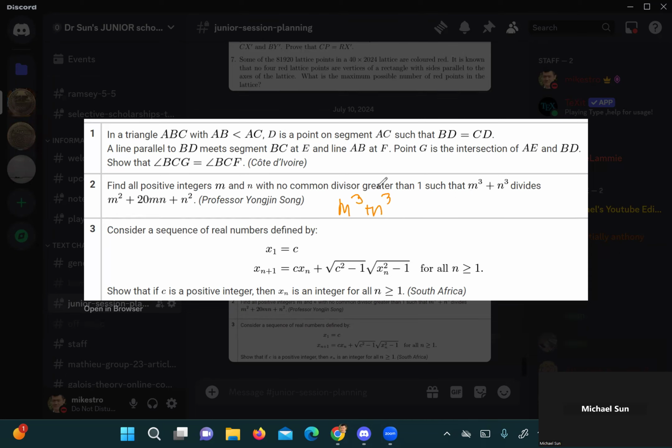Have you heard of sum of two cubes? You've heard of difference of two squares, right? Difference of two squares, sum of two cubes. It's kind of the same family of factorizations. m plus n. The factorization always seems magical, but to check it, it's always just trivial. Have you seen this one?